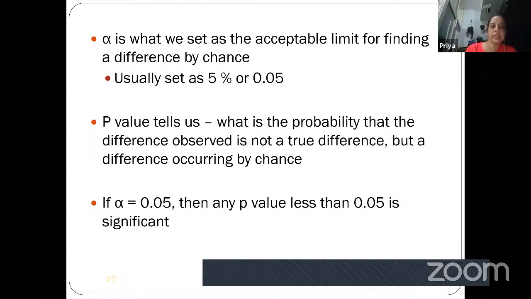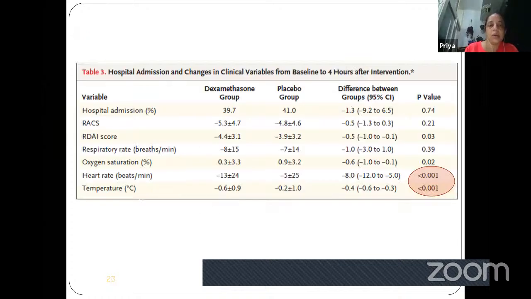So if Joy was doing a study with an alpha of 1%, he's allowing only a 1% probability that a difference can occur by chance. He wants to be 99% confident that any difference he's seeing between his treatment groups is a true difference. And therefore, in his study, a p-value would have to be less than 0.01 to be considered significant. Okay, let's go back and look at this.